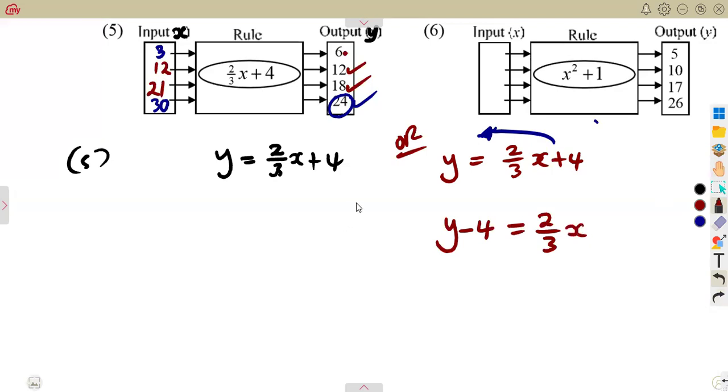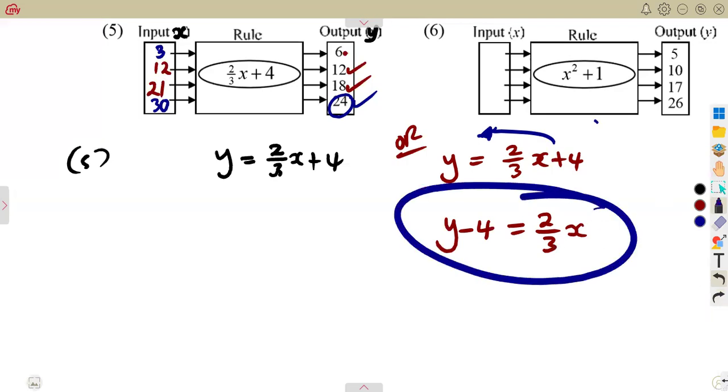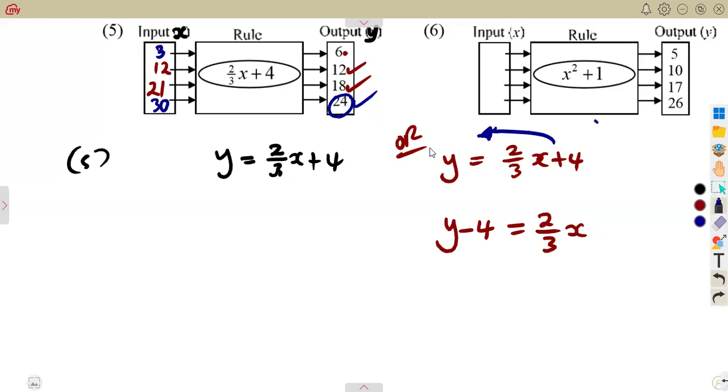The major question at this stage is how can we simplify it from here? It is up to you. You can cross multiply, or you use the multiplicative inverse at this stage, since this is 2 over 3 that you want to remove. The multiplicative inverse, remember we talked about this, you just interchange 2 over 3.